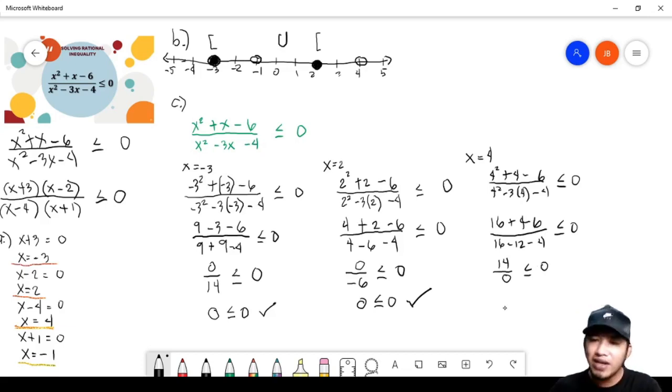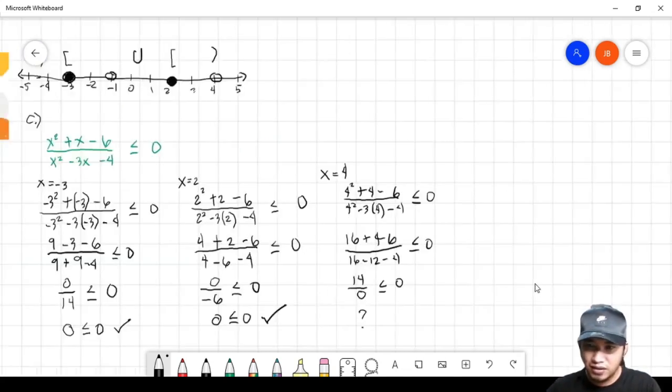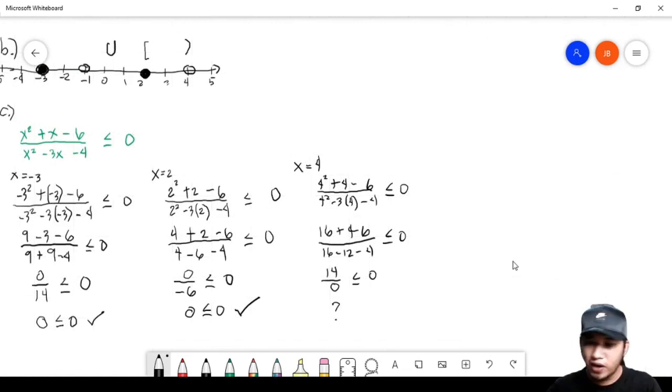Any number that has a denominator of 0 is undefined. So ang x is equal to 4 natin, that is still a hollow circle, and that is an open parenthesis. Okay? So, the last one, ano yun? Negative 1 ang value ni x.